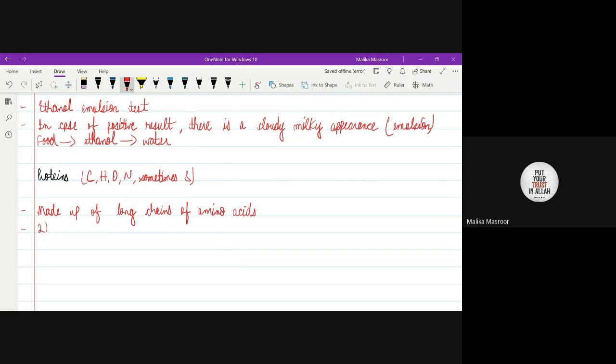Basically, there are 20 different types of amino acids, and they are linked by peptide bonds.